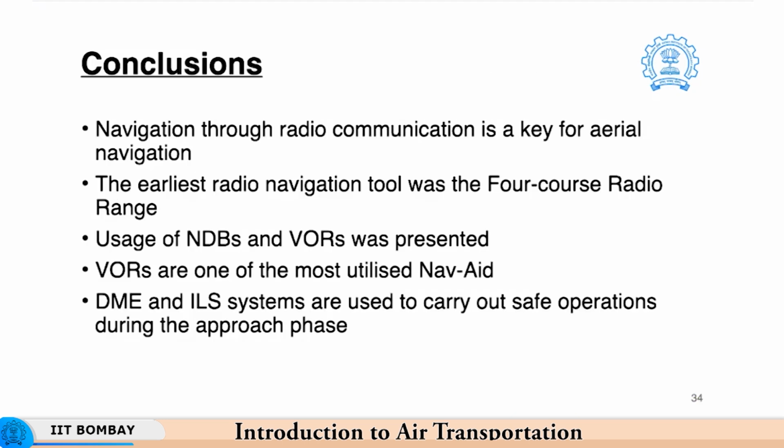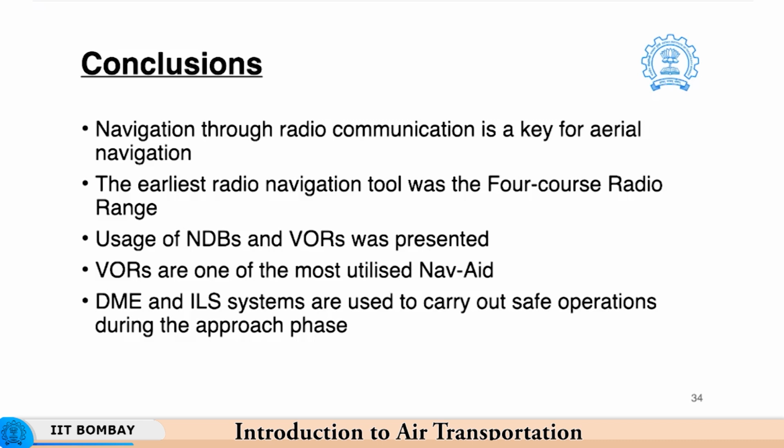So, in conclusion, we can say that navigation through radio communication plays a very crucial role in aerial navigation. Apart from the instruments available with the pilots on board, navigation carried out through radio communication is a very crucial part.